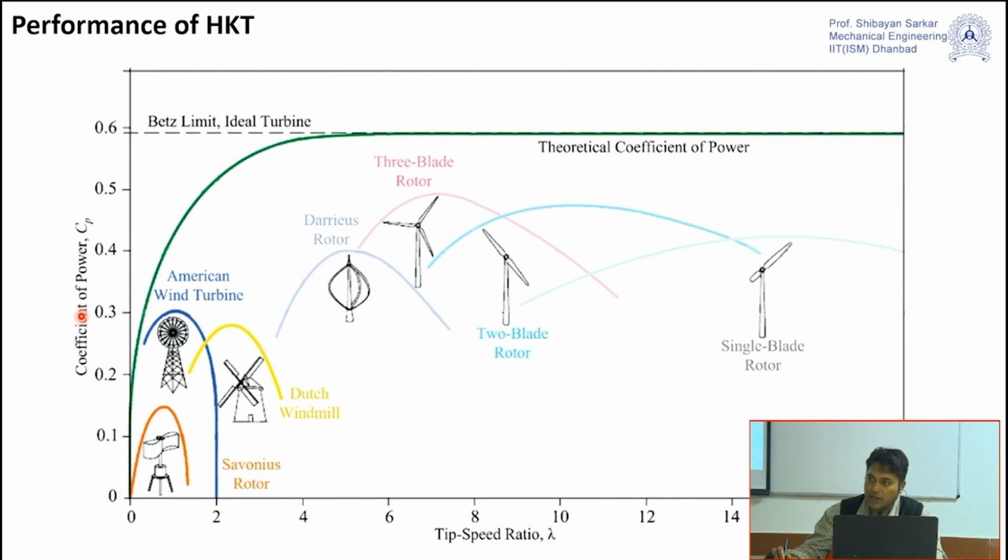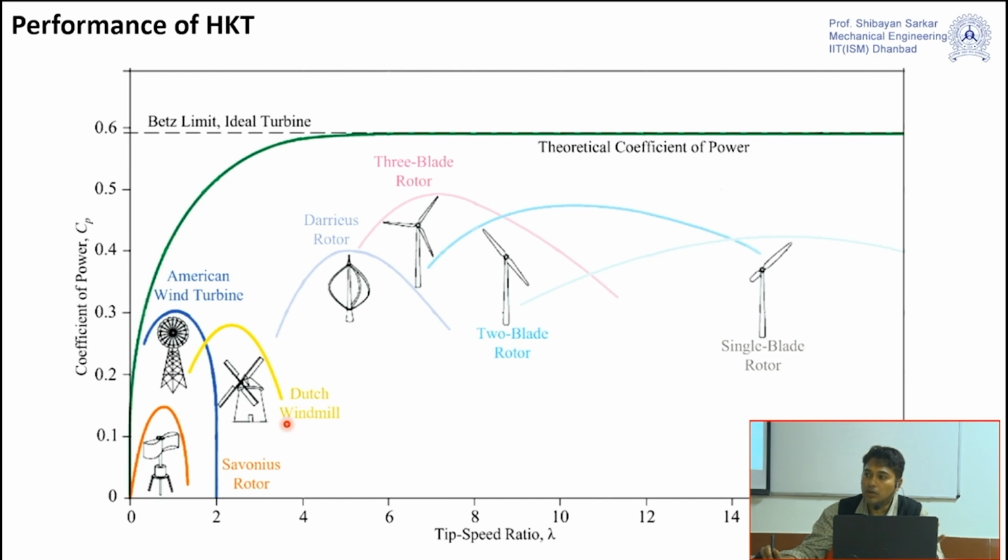In general, for this type of machine, we represent our performance curve as CP versus TSR. This is one performance representation technique for this type of hydrokinetic turbine. Now CT, the coefficient of torque, versus TSR, the tip speed ratio, may be another representation. So two representations: CP versus TSR and CT versus TSR.